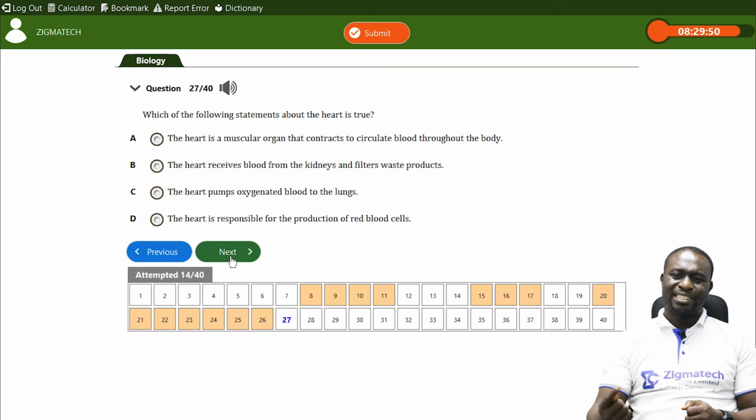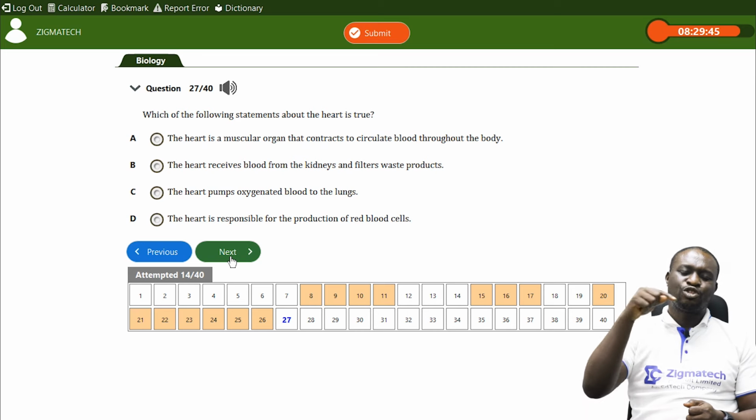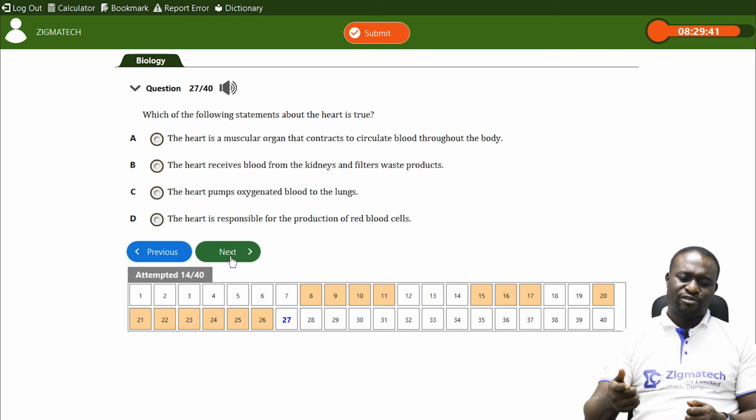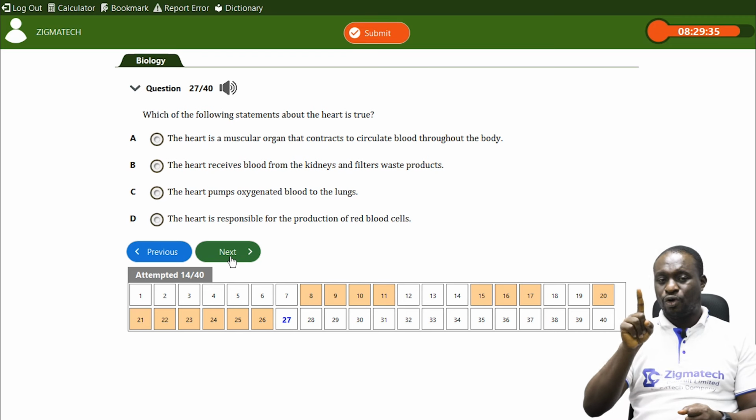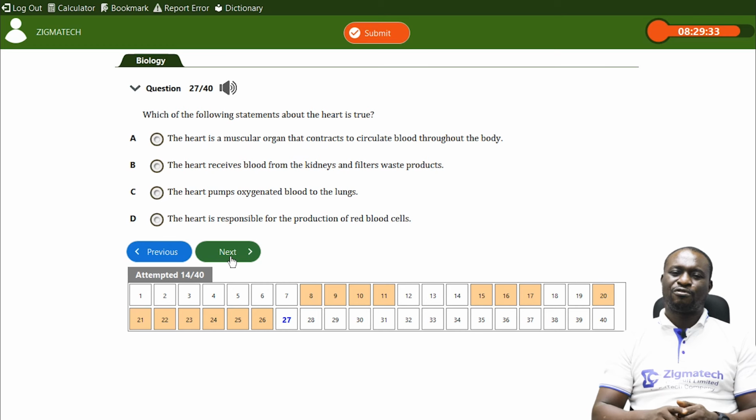Once it is oxygenated, it returns from the lungs through the pulmonary veins into the left auricle of the heart, and from the left auricle to the left ventricle. From the left ventricle, it passes out from the heart oxygenated through the aorta to other parts of the body. So option C is also wrong.